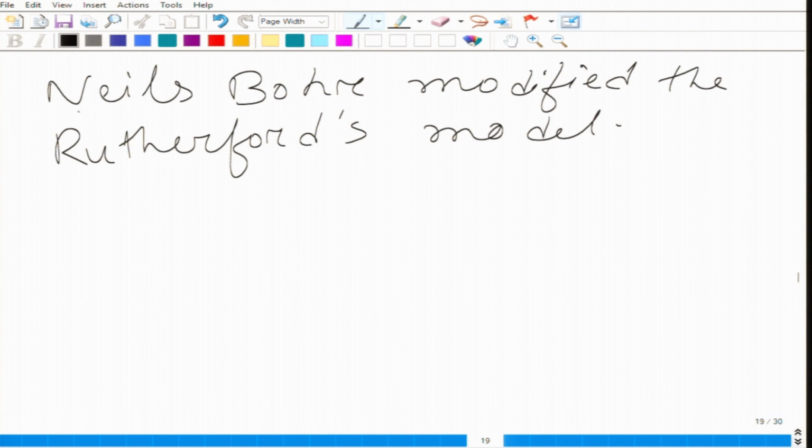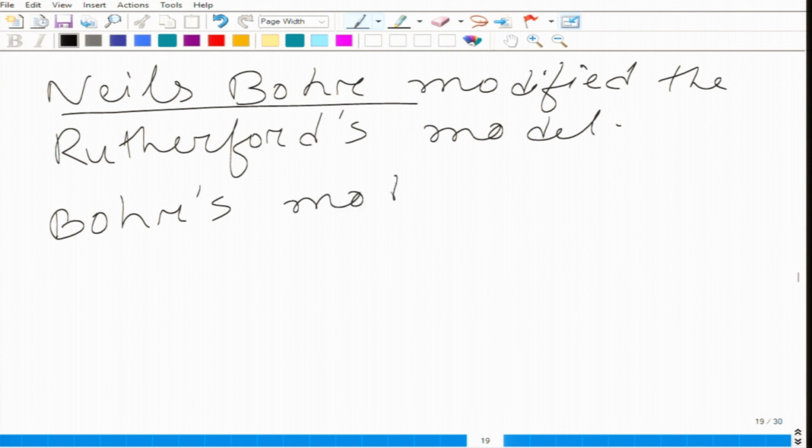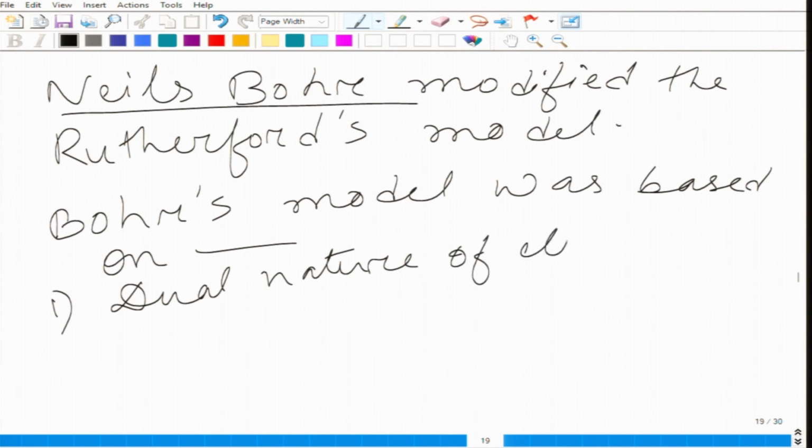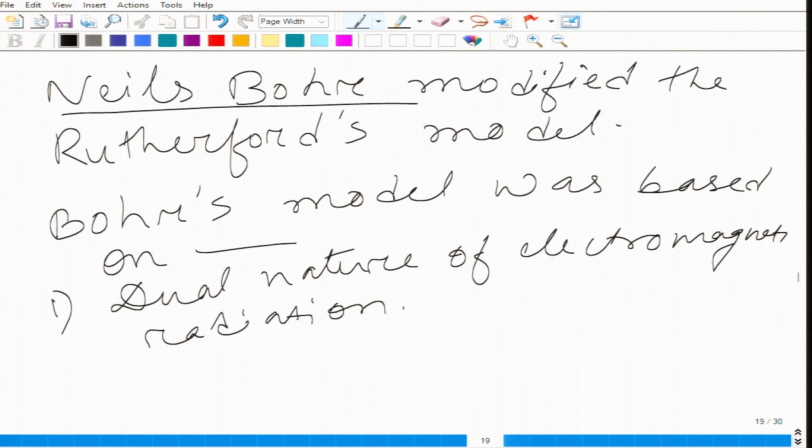Before studying Niels Bohr's modification of Rutherford's model: Bohr's model was based on many factors, but the most important factor was the dual nature of electromagnetic radiation, and some other experimental results.